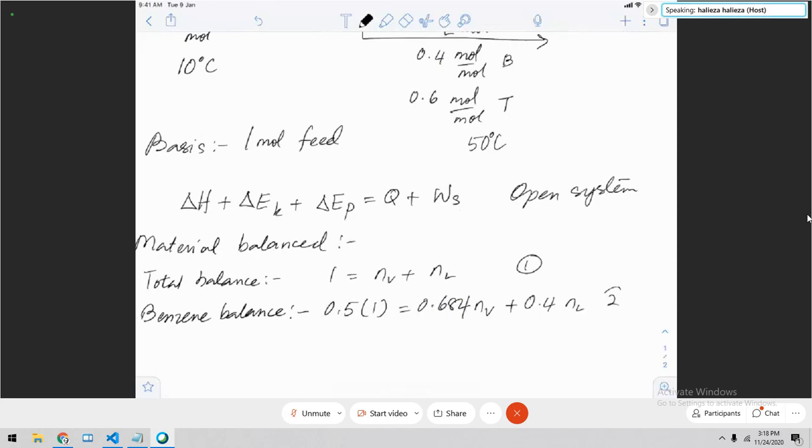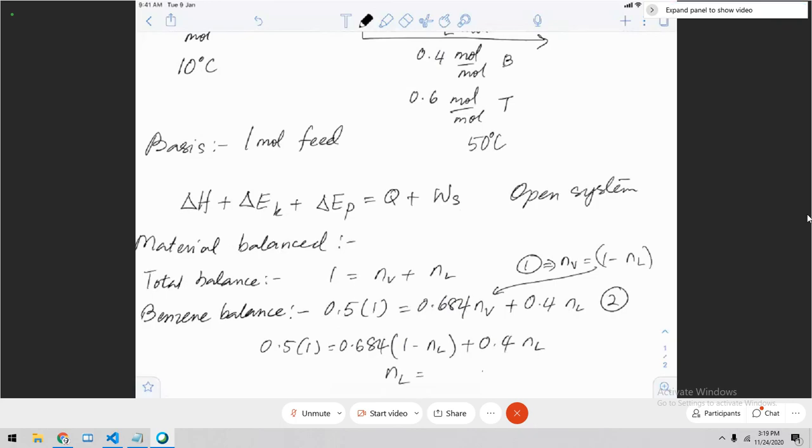Now you have two equations, two unknowns. From the first equation, you can get NV equals 1 minus NL. So substitute that in here, and you are left with only one unknown, which is NL. So what is NL? It's in mole. Let me look at my calculation.